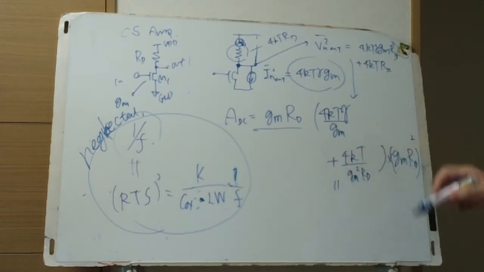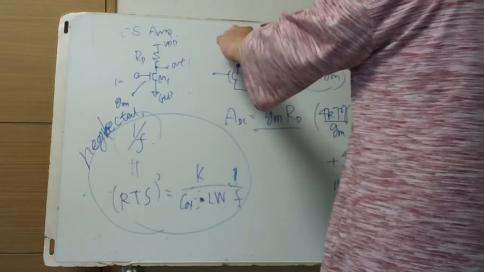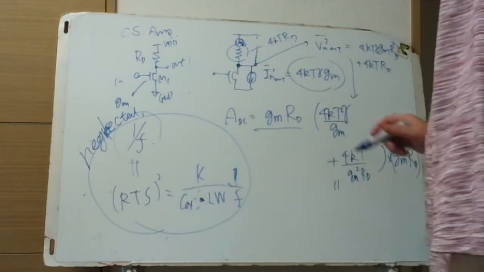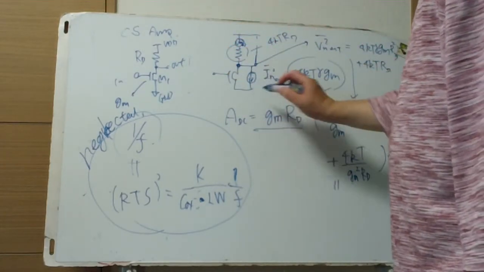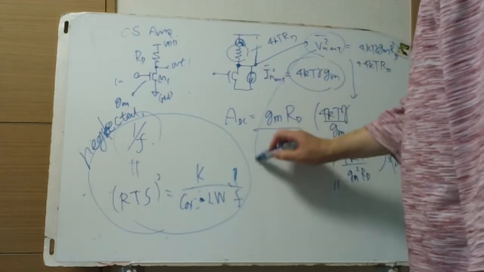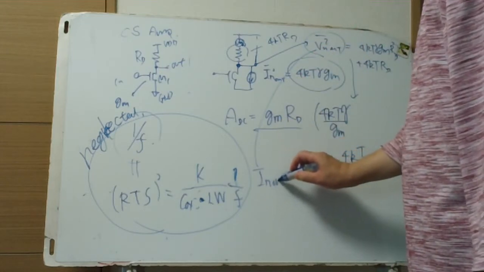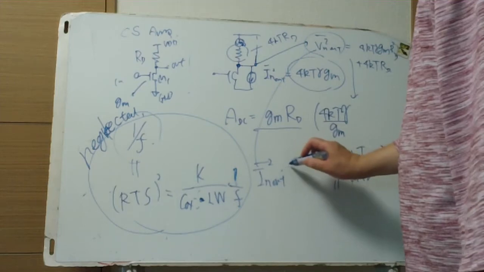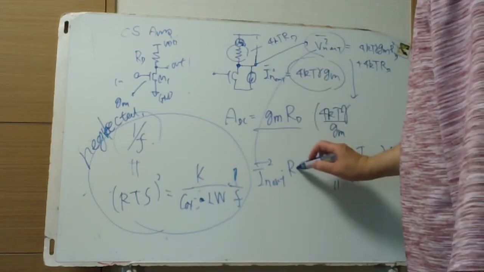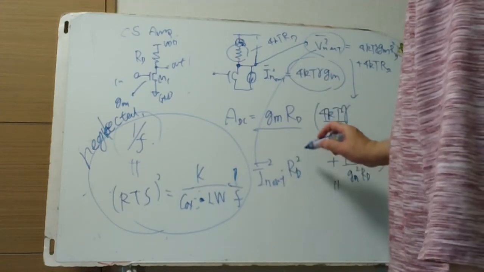Or this is the output resistance. What is the output? The voltage noise equals the output current noise squared times the output resistance RD squared.